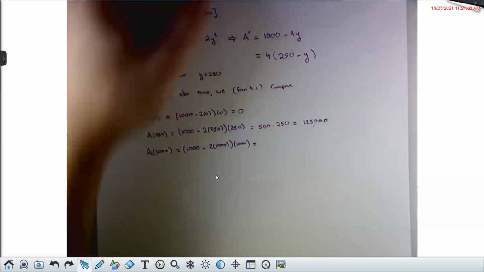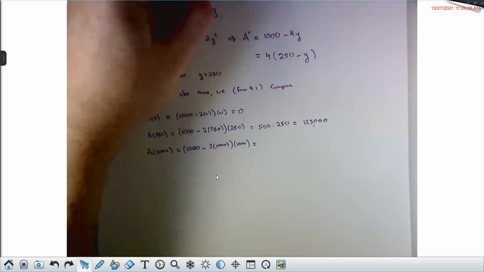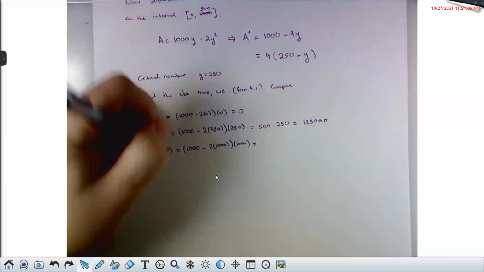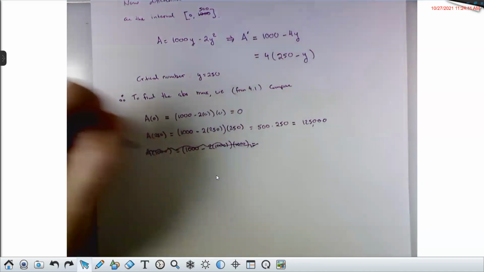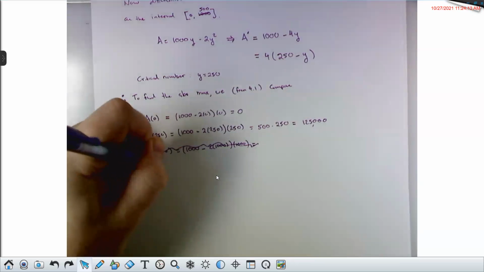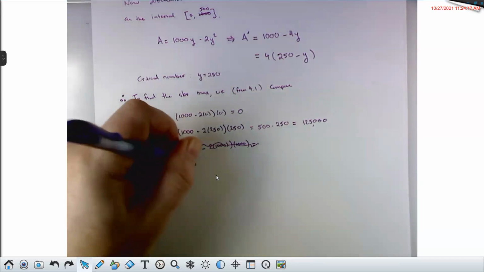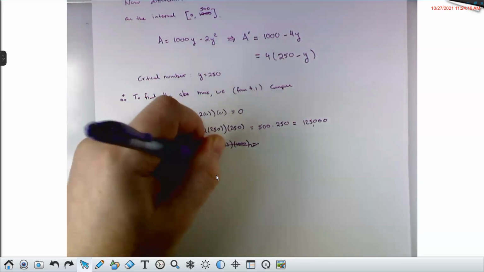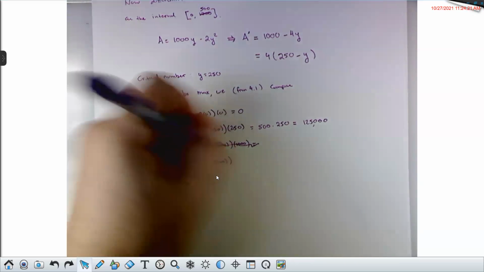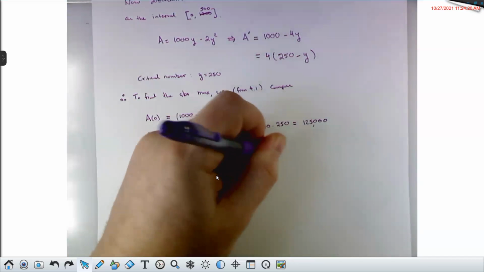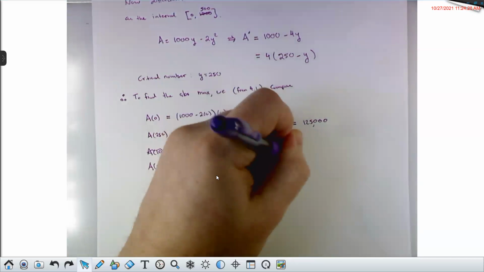So we're trying to maximize on the interval 0 to 500. So A of 500 is the last thing we should check. So this is 1000 minus 2 times 500 times 500, which is 0 times 500, which is 0.